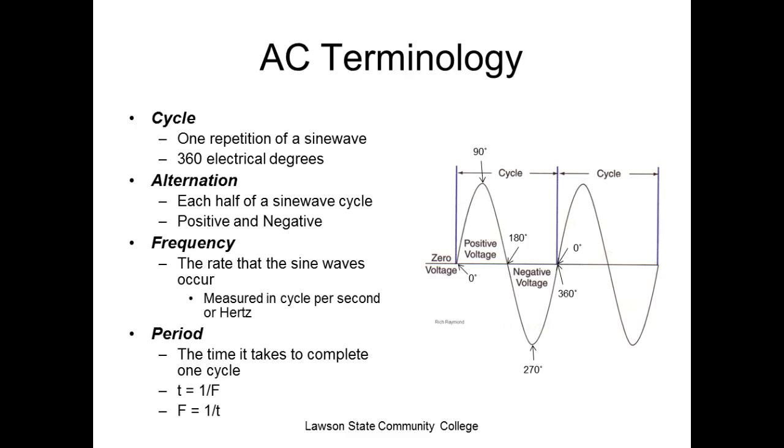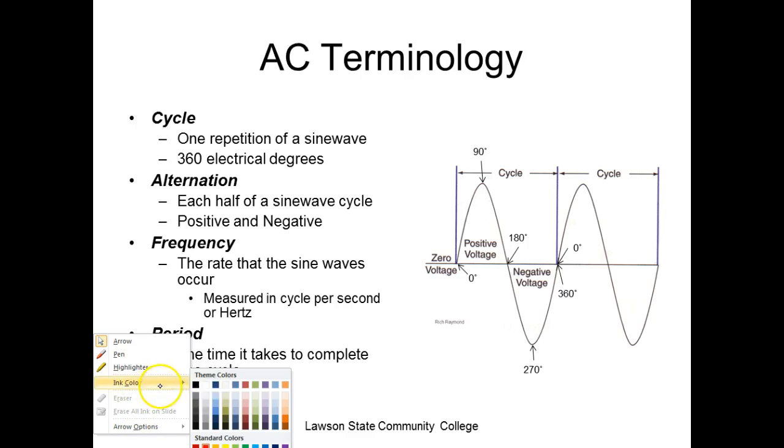So it needs one cycle. If it's 60 Hertz, that's cycles per second. So how long would one cycle be? Nobody got any ideas? One over frequency. Well, that's true.